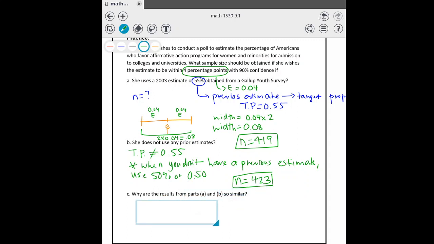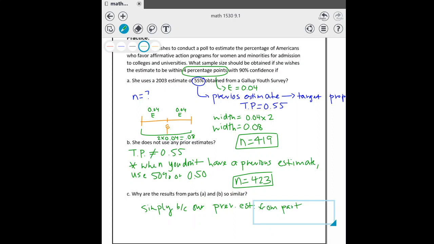Question C: why are the results from parts A and B so similar? That's simply because our previous estimate from part A is so close to 50%, which is what we use as our target proportion when we don't have a previous estimate.